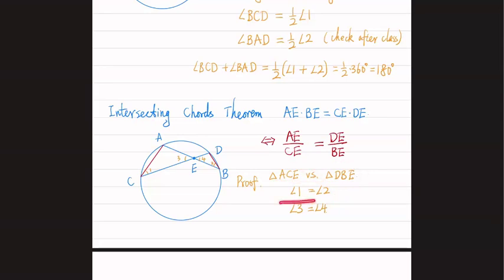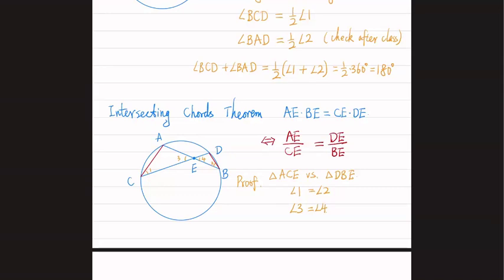How could you conclude the two angles have the same measure? Let's start with angle 1 and angle 2. Right, they are inscribed angles.